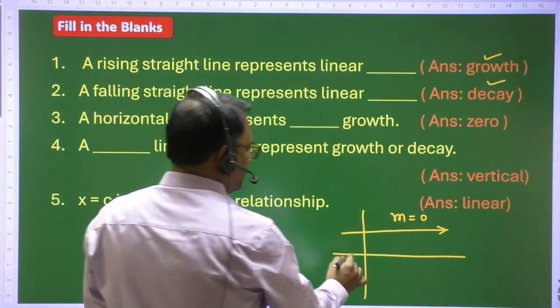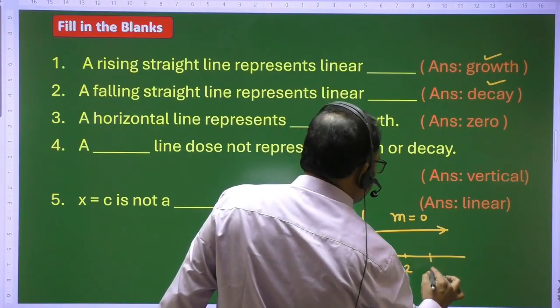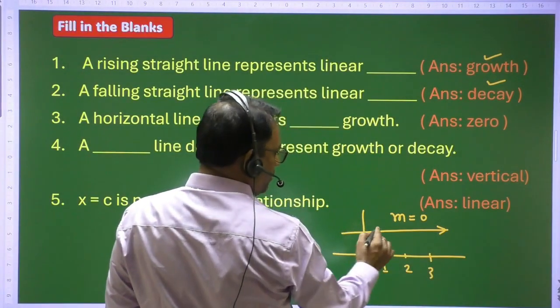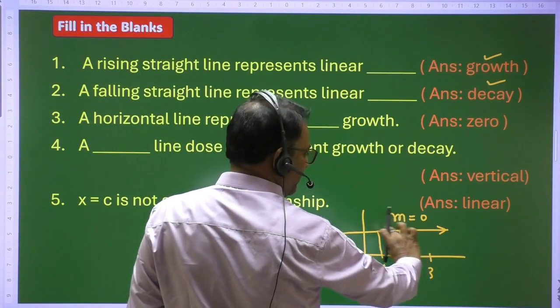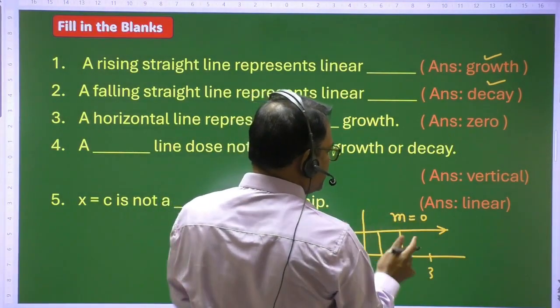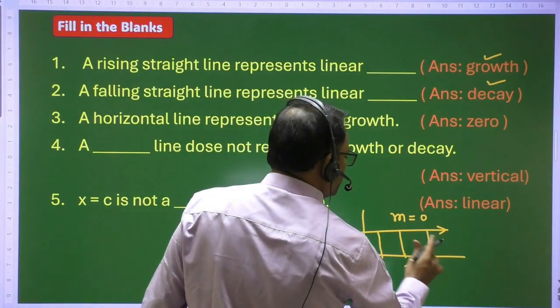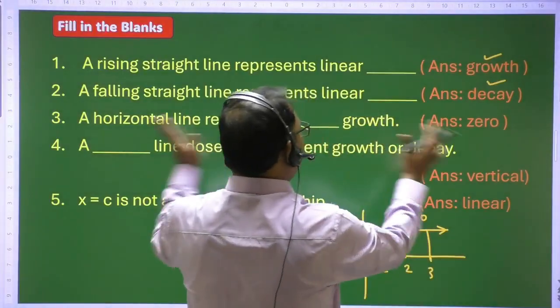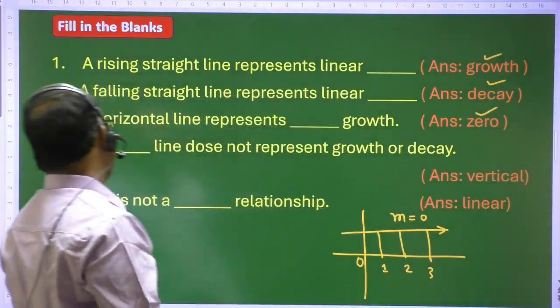If I take here 1 hour, 2 hours, 3 hours, the height is the same at each hour, so the change is 0. The overall growth is 0 for the horizontal line.